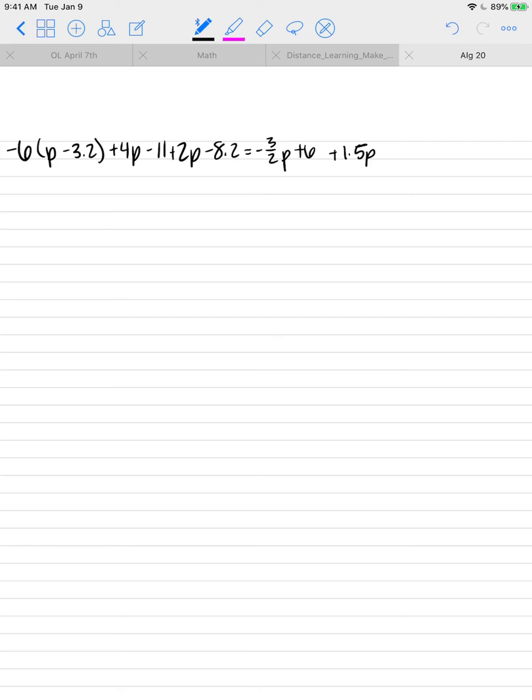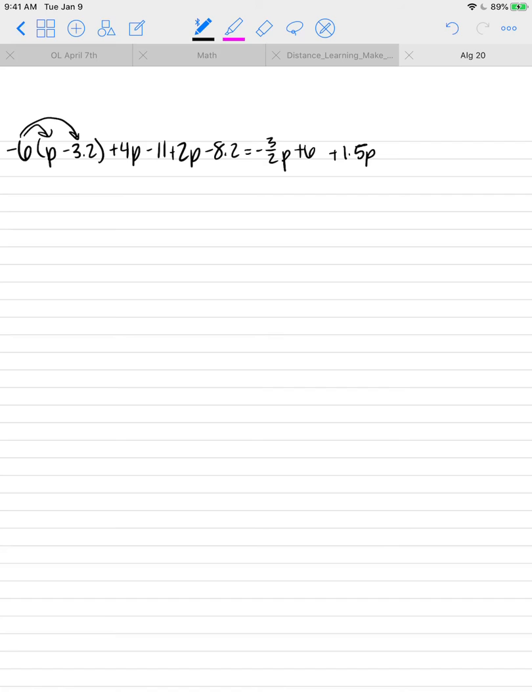The first thing I would do is, if the majority of my numbers are in decimal form and I have one fraction, I'm going to convert that one fraction into a decimal. In the same step, just to save some space, I'm also going to distribute this negative 6. It's the only thing we have to distribute.